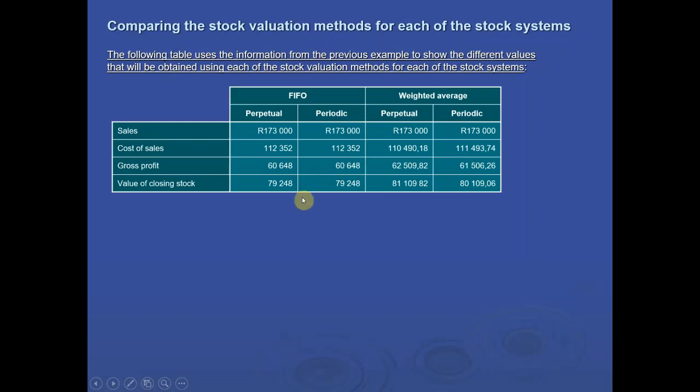The closing stock, the first in, first out, whether it was perpetual or periodic, was the same, whereas weighted average, it actually differed between the perpetual and the periodic, but they were both higher than in the first in, first out method. We can see for the first in, first out method, it doesn't matter whether it's the perpetual or periodic, the figures were the same, whereas for the weighted average, they were all different if considering whether it was perpetual or periodic.